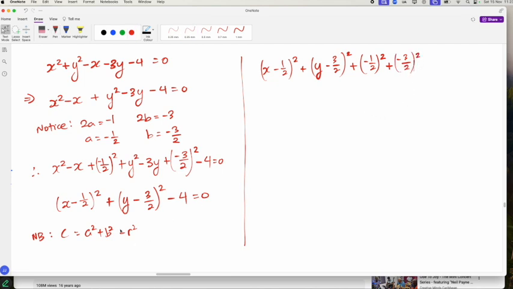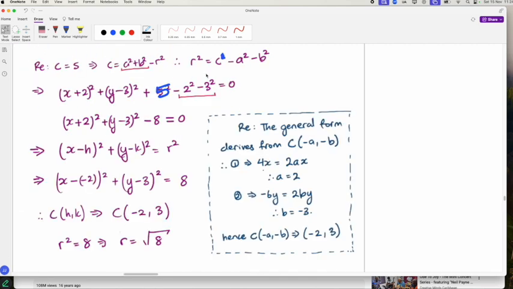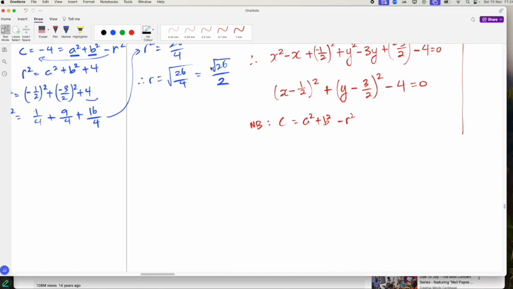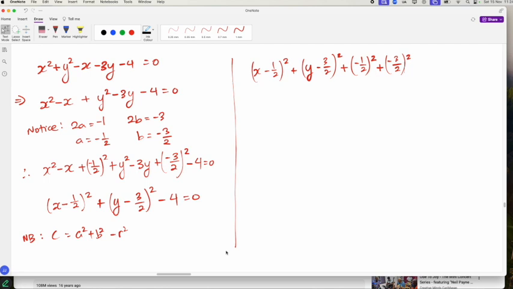Oh no, what they did, hold on. Alright, so they make r the subject. Yes, okay. So if r is the subject, then r squared is going to be c minus a squared minus b squared, which is so dumb. Because c, you can see here, c is minus 4, minus a half squared minus 3 on 2 squared, and that is 0.